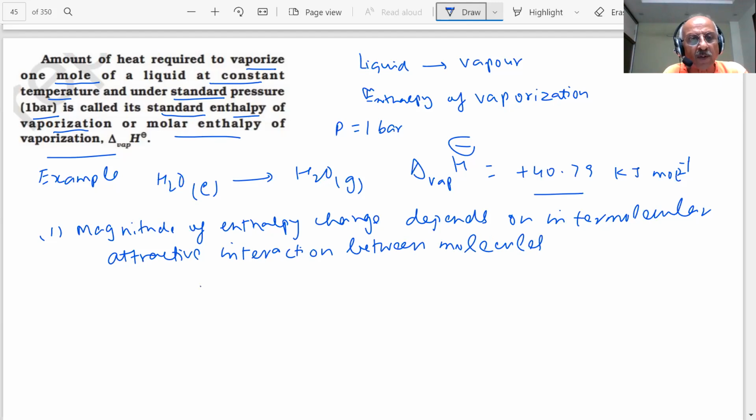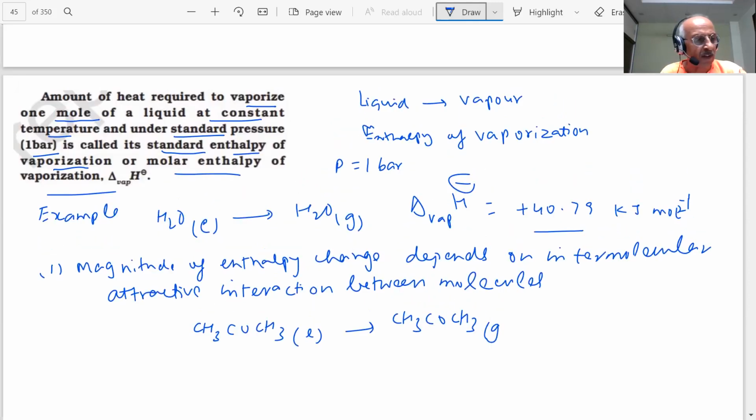But if you take acetone, CH3, then what will happen? If I want to convert acetone into gas, will the value be the same, more or less?